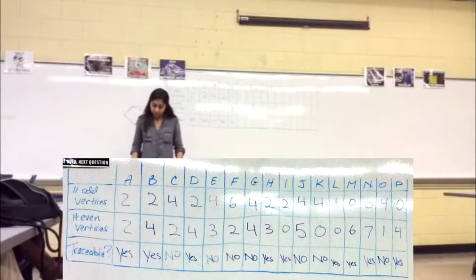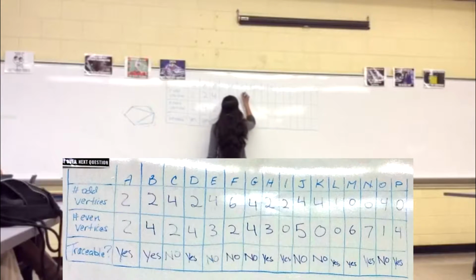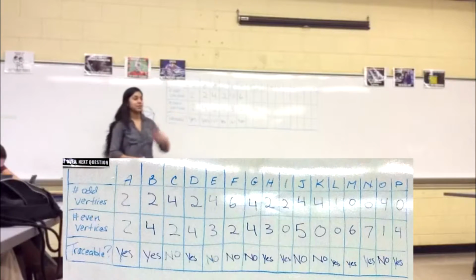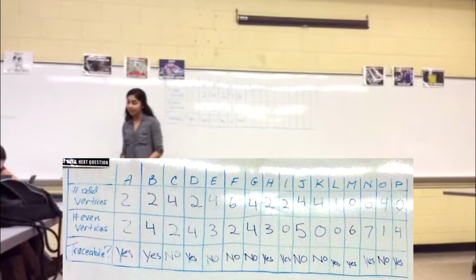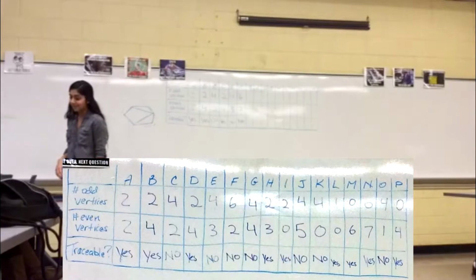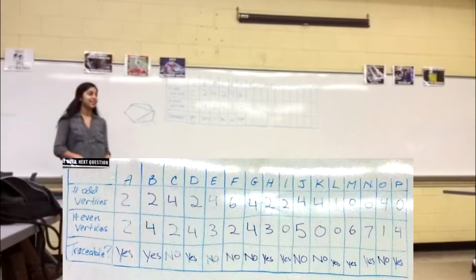I think there's two even. 2 even, 6 odds. Yeah. And now? And 2. Even. Wait, that looks pretty good. Better than mine.